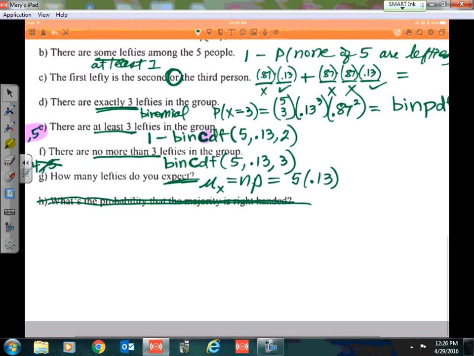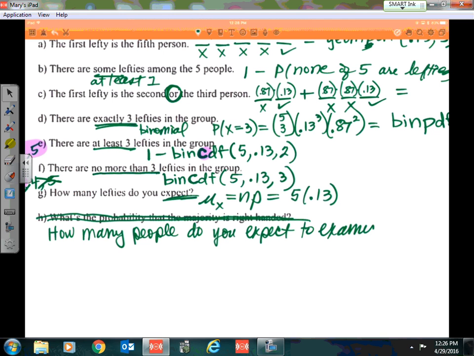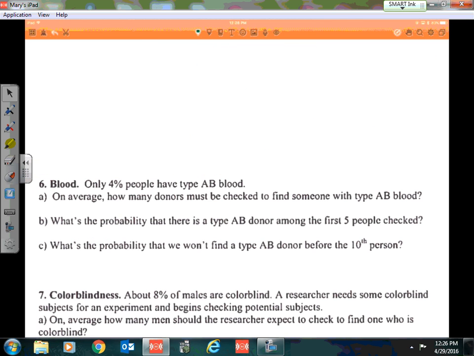Question H is going to say, how many people do you expect to examine to find a lefty? Okay? How many people are you going to examine to get that first lefty?